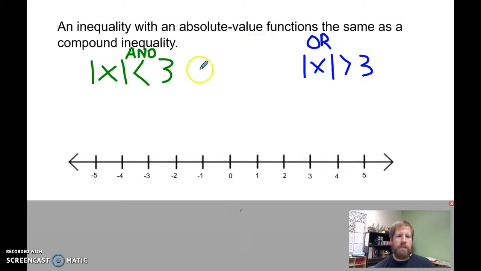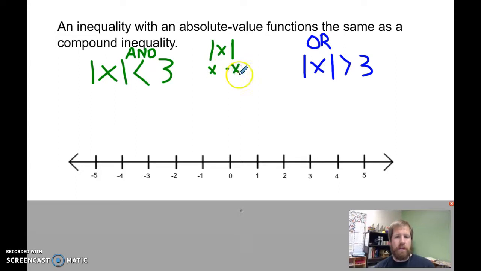One thing to remember is when we have an expression with an absolute value, this value could be either a positive x or a negative x. And when we break into our two cases, that's kind of what we're going to say: this could either be x or negative x.